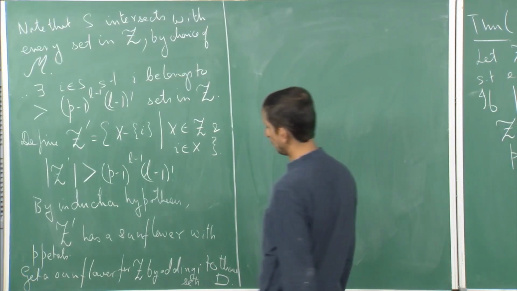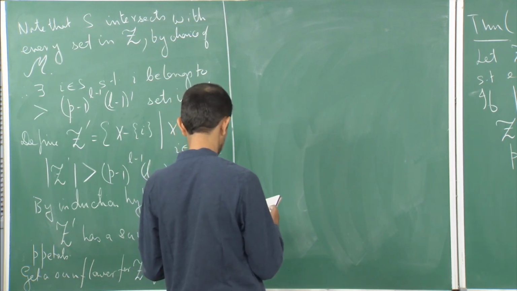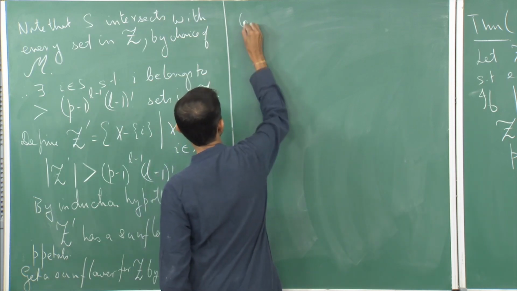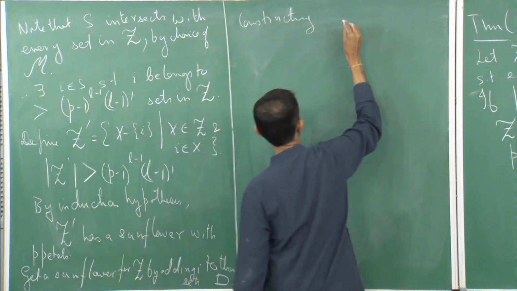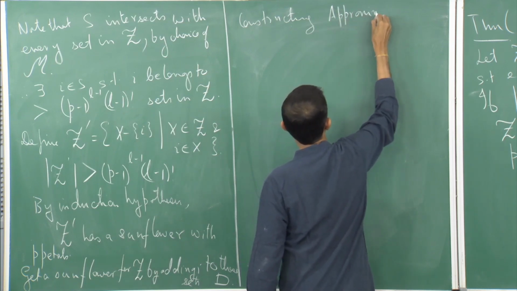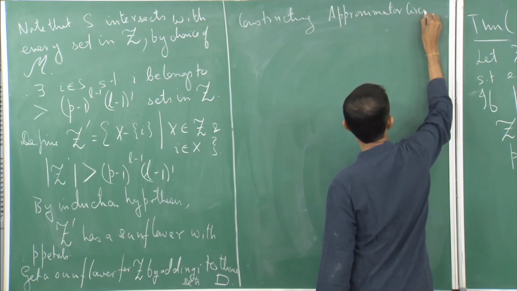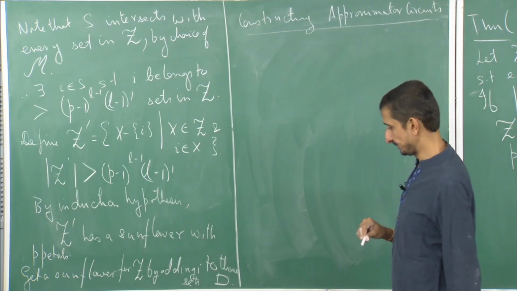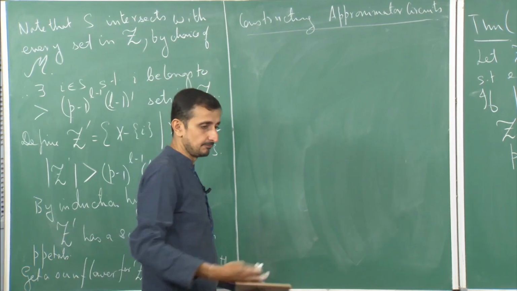Let's see how we build the approximator for AND and OR gates. Constructing these approximator circuits, we will actually do this by induction in a bottom up fashion.